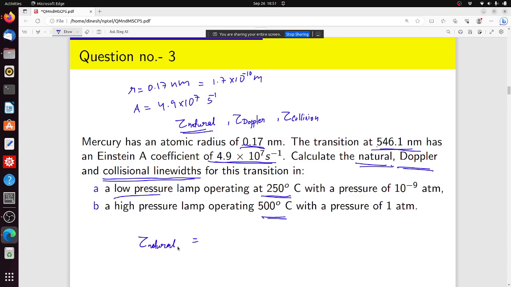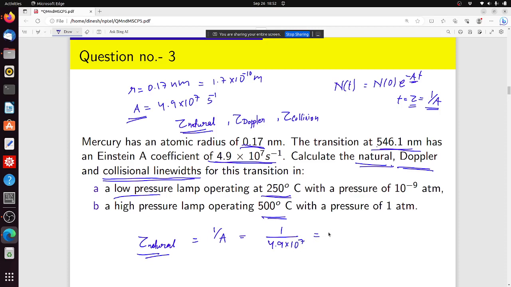If you want to calculate it in terms of this Einstein coefficient, we did it like this. Like in the formula I told you, N(t) is equal to N0 e to the power minus At, and this time we took as tau, which is 1 over A. So this tau is nothing but 1 over A. So tau natural will be 1 over A.